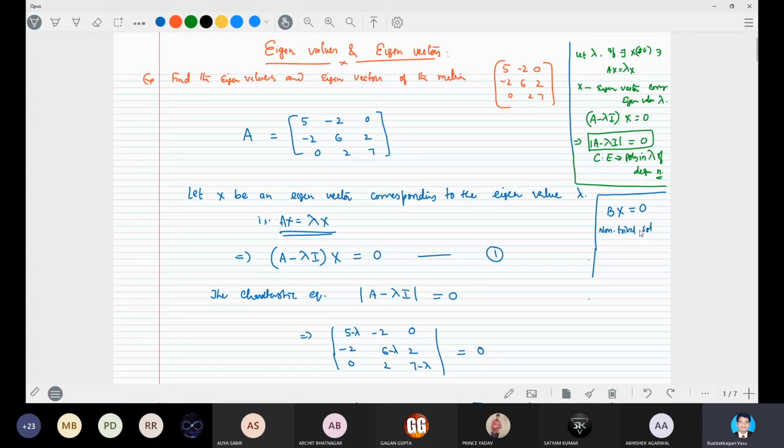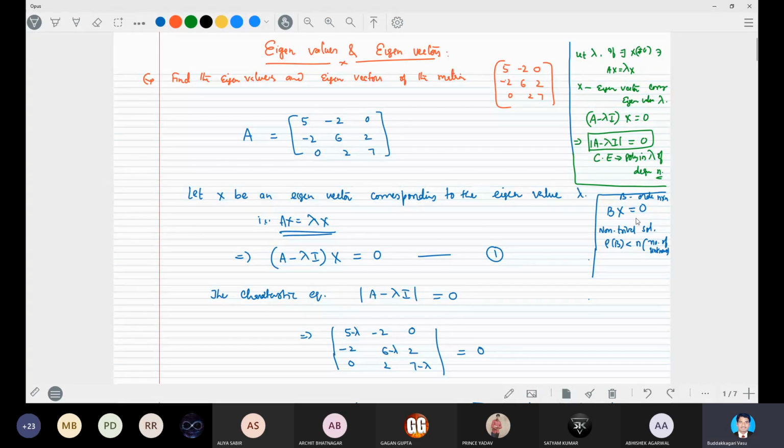For a non-trivial solution to exist, the rank of B should be less than n. What is n there? The number of unknowns. Suppose B is a square matrix of order n by n.